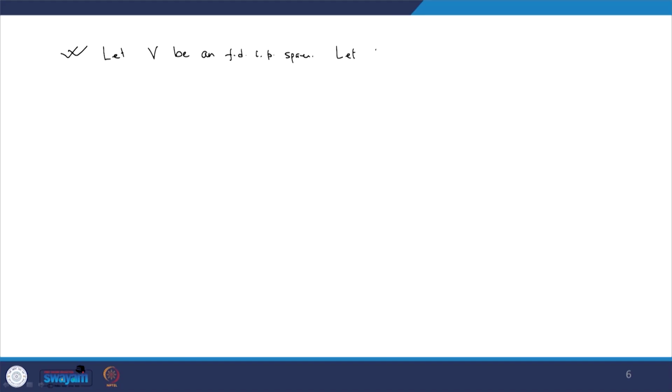Let E be the orthogonal projection of V on its subspace, say W. W is a subspace of V. Then E equal to E star.